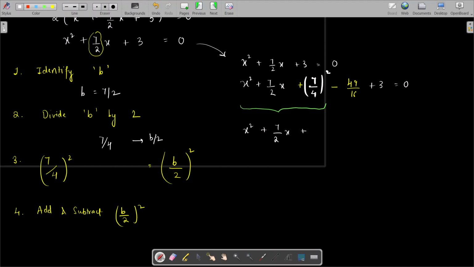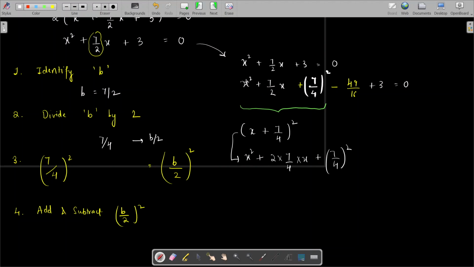Now if you look at this carefully, this expression is actually the whole square of x plus 7 over 4. Why? Because if you expand this, you get x squared plus 2 times 7 over 4 times x plus 7 over 4 whole squared.